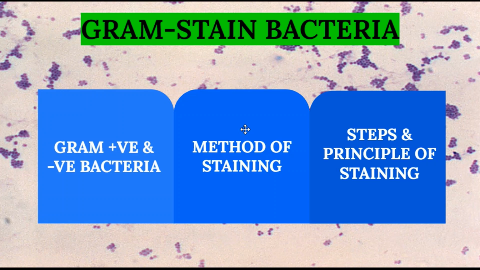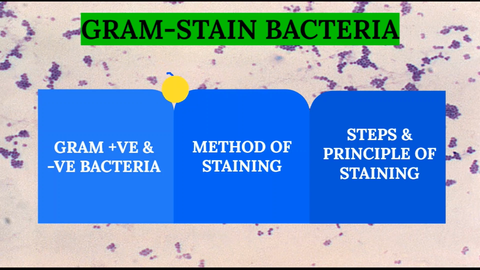Let me tell you the process of staining. The staining process is in 4 steps. So what is the first step? First step is we will apply a stain. Which stain? Crystal violet stain, to a heat fixed smear of a bacterial culture.